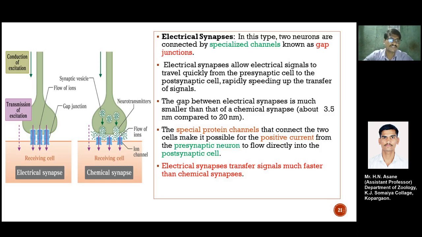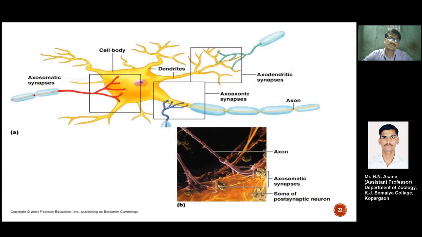As you can see, these are the three main types of synapses seen in this picture.